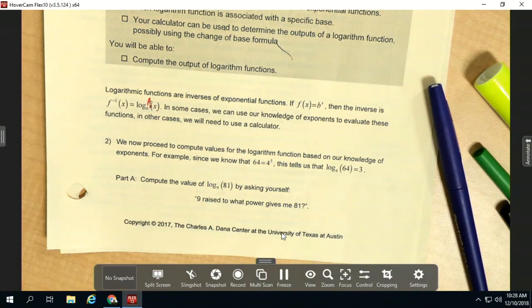Or in other words, the log base 4, notice the 4 is the base, of 64 is 3. How do you know to put the 3 on the other side? Because a logarithm is the exponent. Okay, so the log base 4 of 64 is 3.